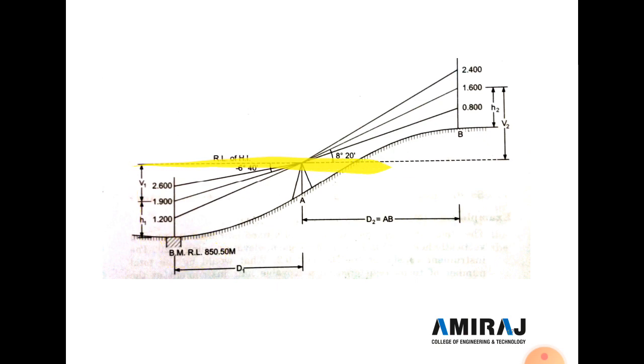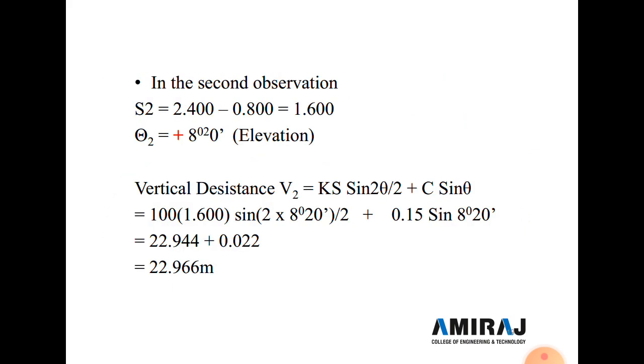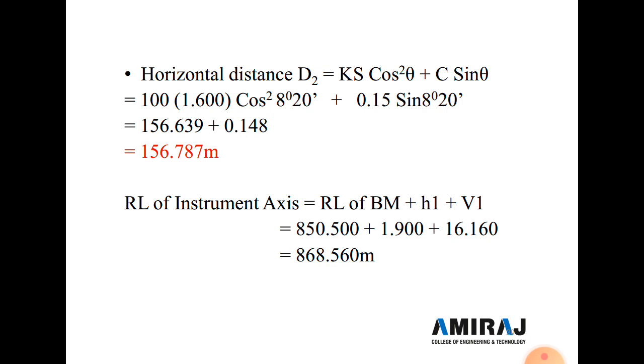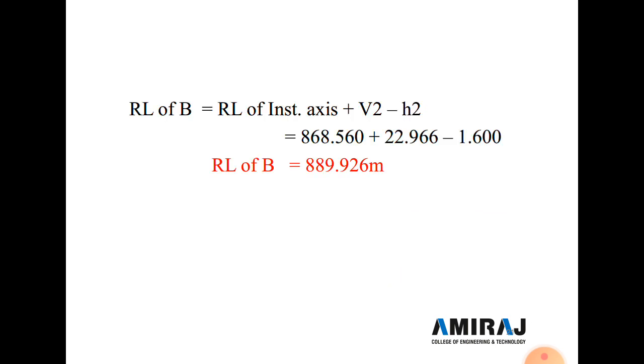So it's the horizontal line of sight RL, which means the RL of the instrument axis. The RL of benchmark is already given in the example, H1 is the central hair reading for the benchmark side, and V1 we already found out. So the total is 868.560 meter. So it's the RL of the instrument axis.